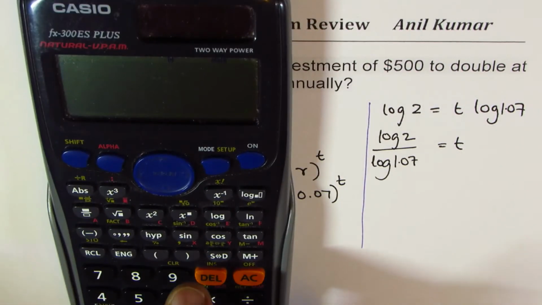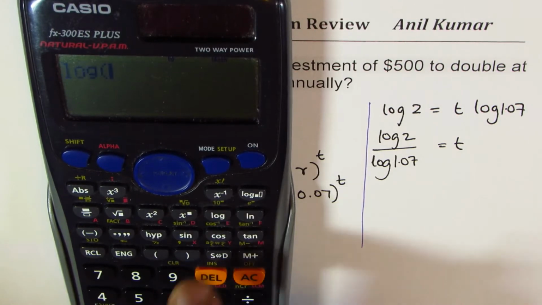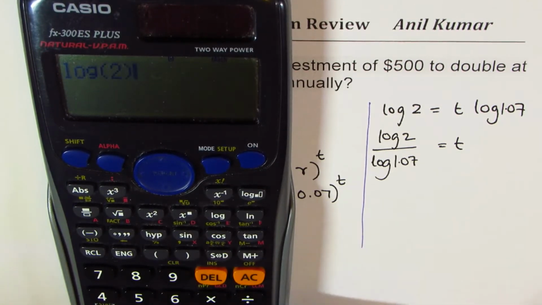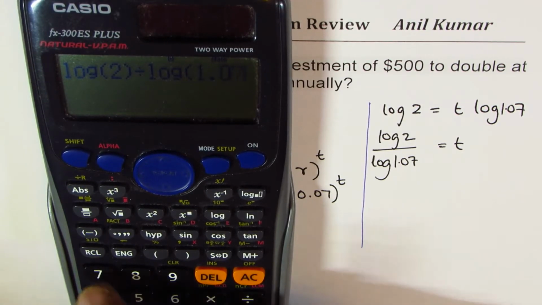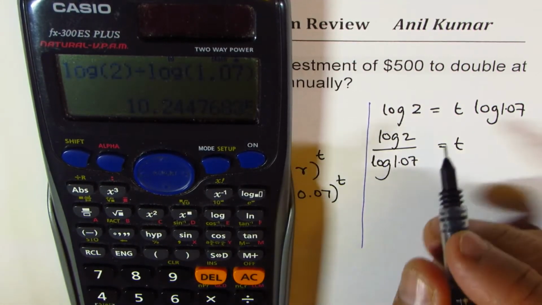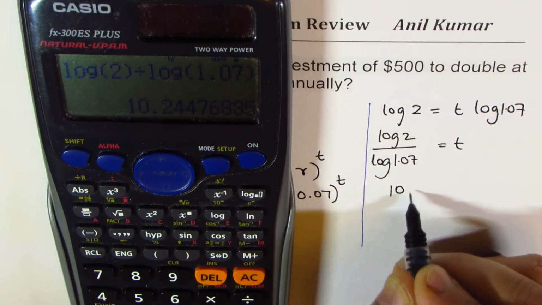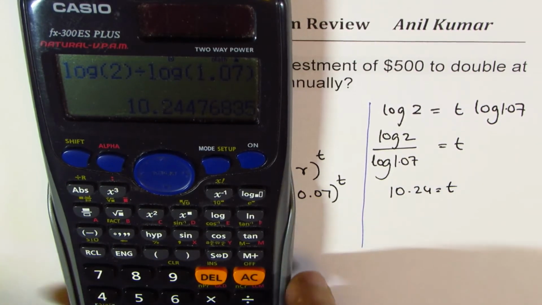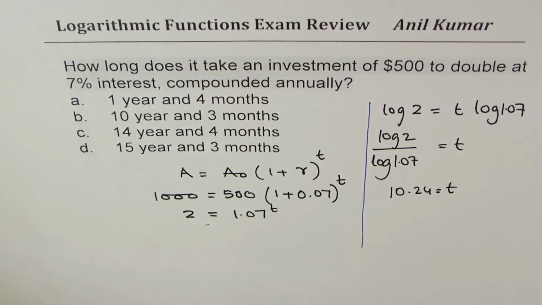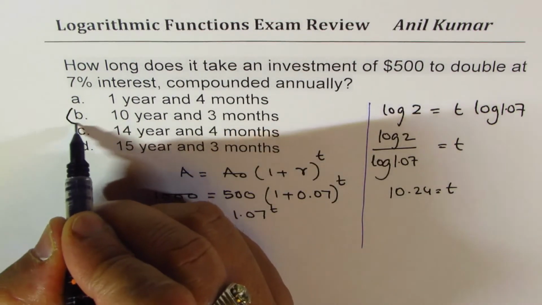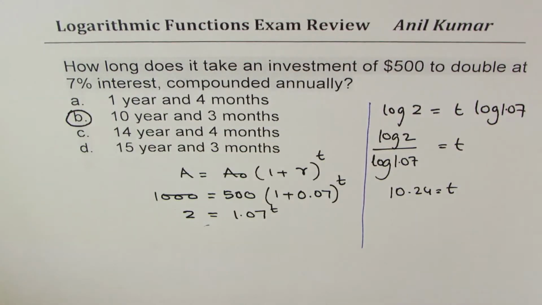Log of 2 divided by log of 1.07 is equal to 10.24. So 10 years, slightly more than that. So we have one option here. So option B is the right option, correct?